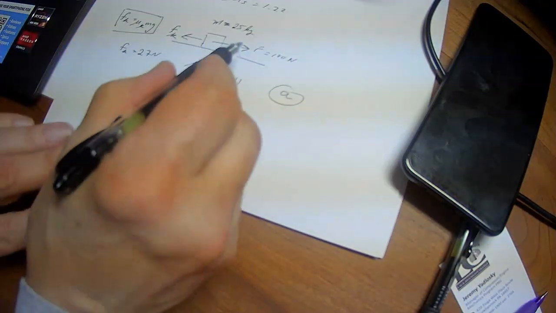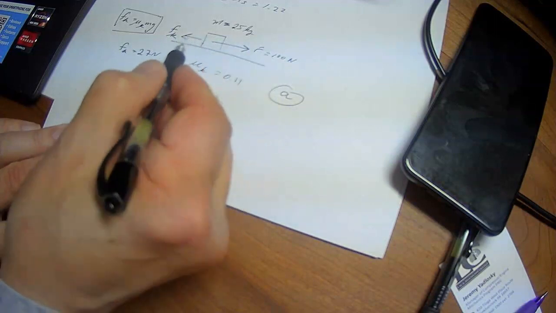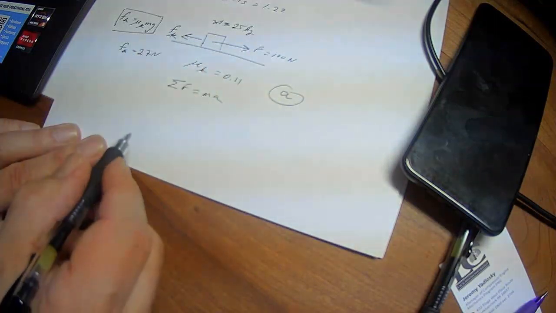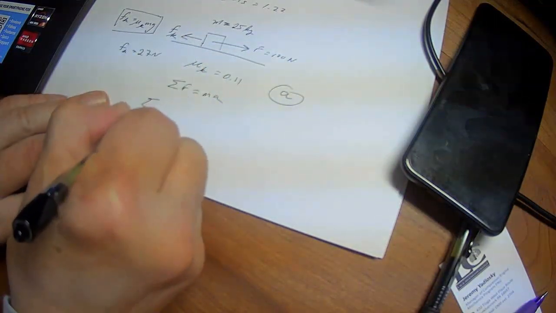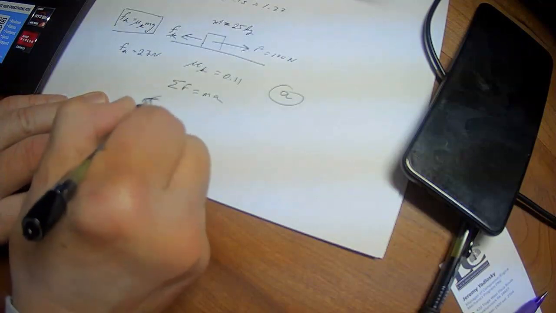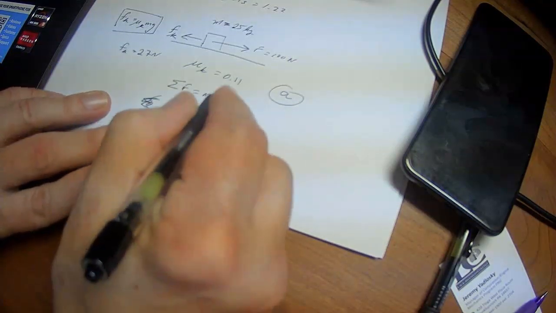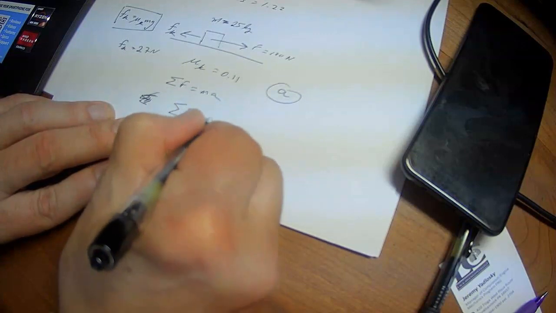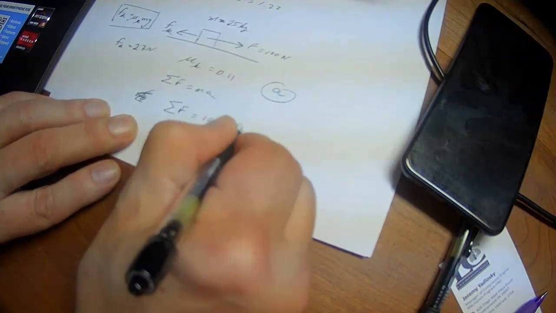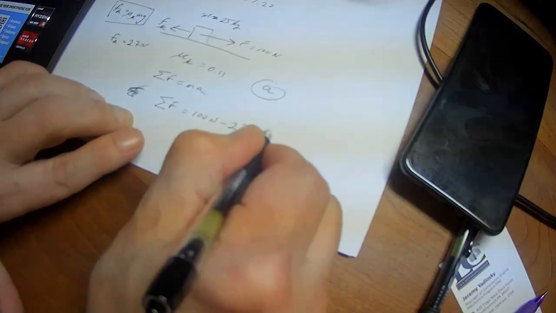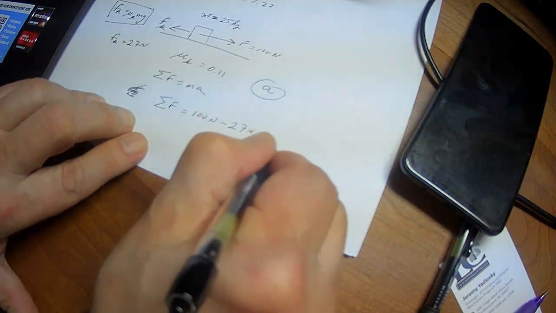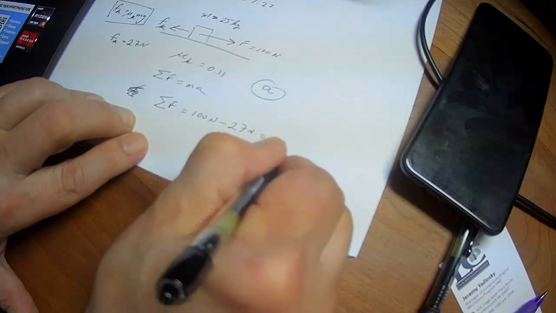So what are the sum of the forces? Well, I have 100 newtons in that direction and 27 newtons in that direction. So the sum of the forces is equal to 100 newtons minus 27 newtons, and that's equal to ma, mass times acceleration.